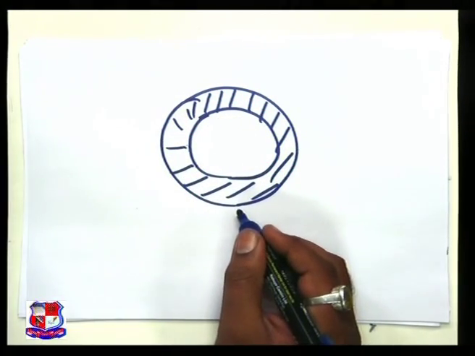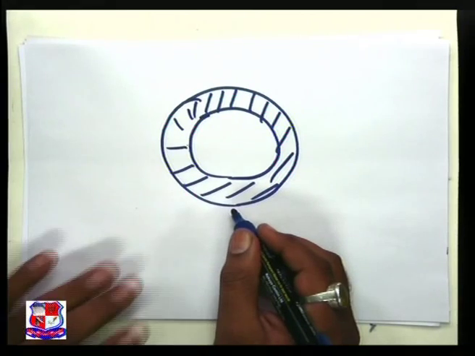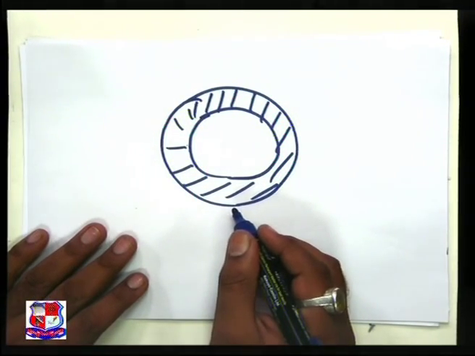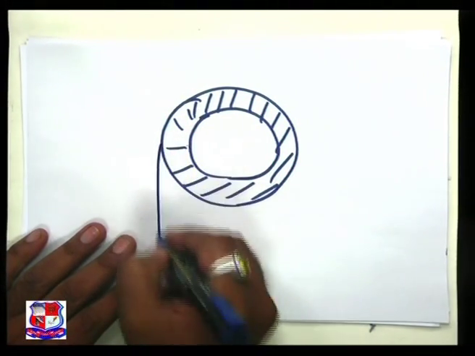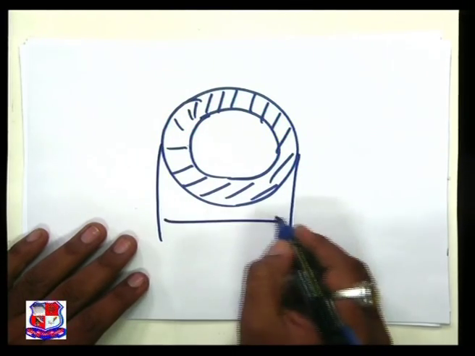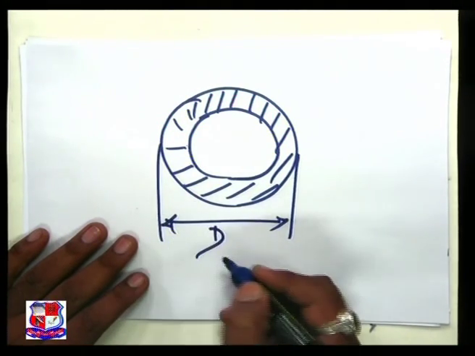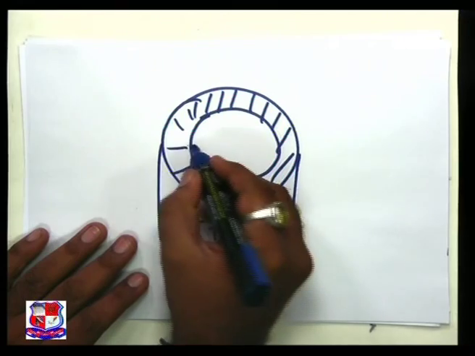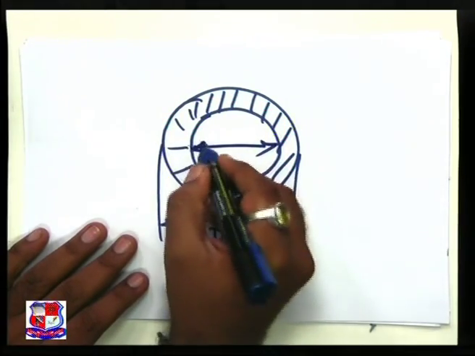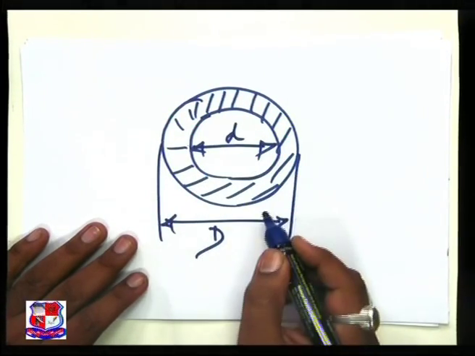The given section is a hollow circular section having outer diameter capital D and inner diameter small d.